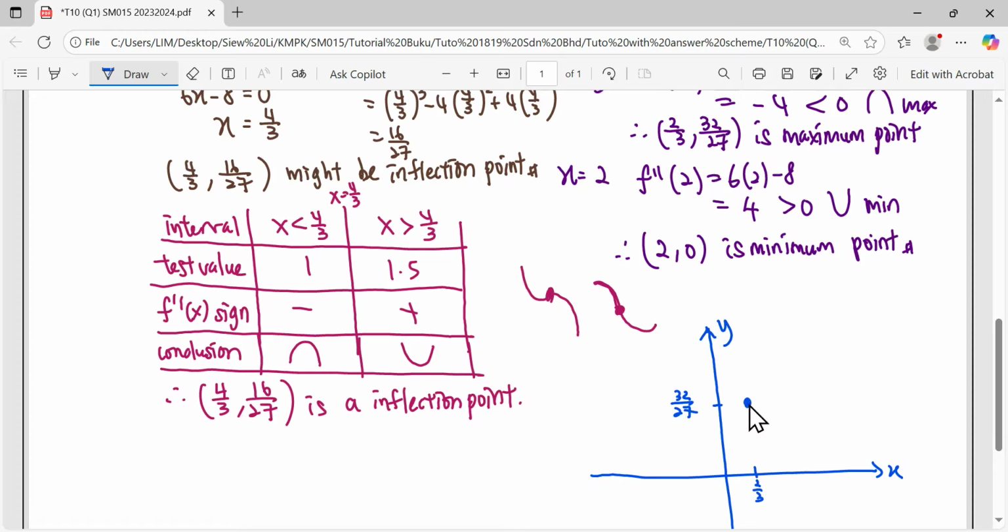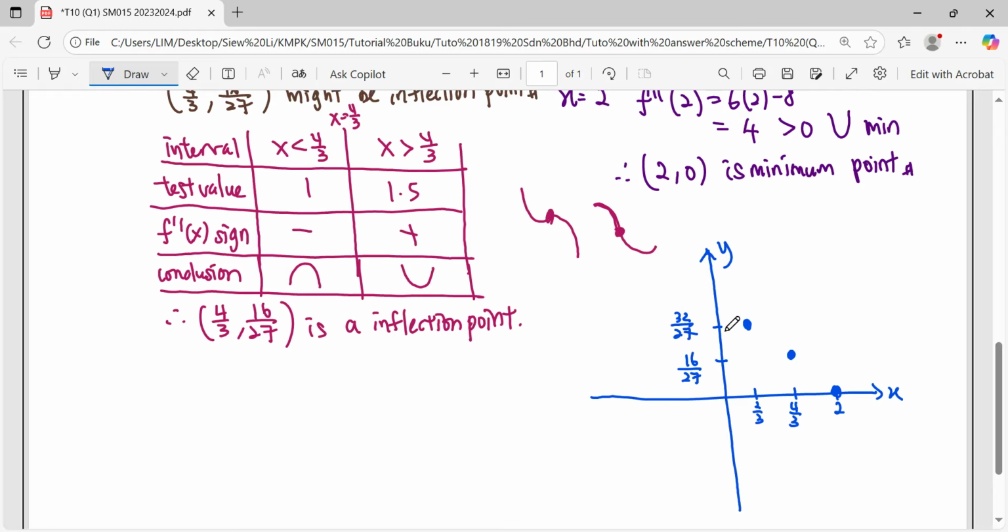So this is the maximum point. And the minimum point happens at 2, 0 here. This is your minimum point. And the inflection point happens in the middle, 4 over 3 with the coordinate 16 over 27, which is half of 32 over 27. So this is my inflection point.